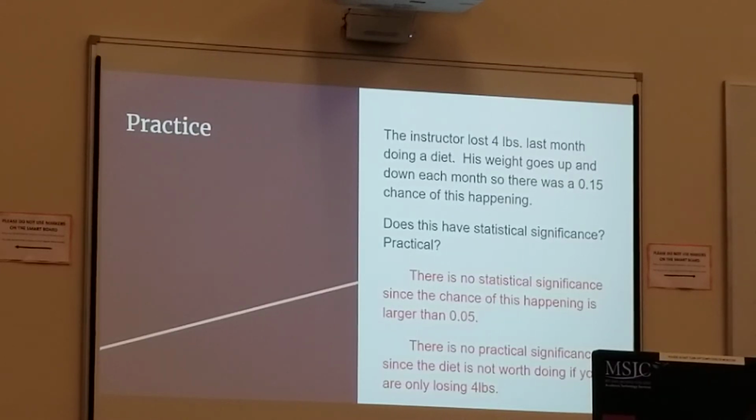I don't care about the 0.15, I looked at that just for the statistical portion of it. For the practical, you kind of look at the overall experiment, since it's 4 pounds a month. But I don't still see how I could wrap that in my head. 4 pounds a month is not a lot, so it would be. Well, they're saying that his weight fluctuates too, right? So would that also kind of make it?